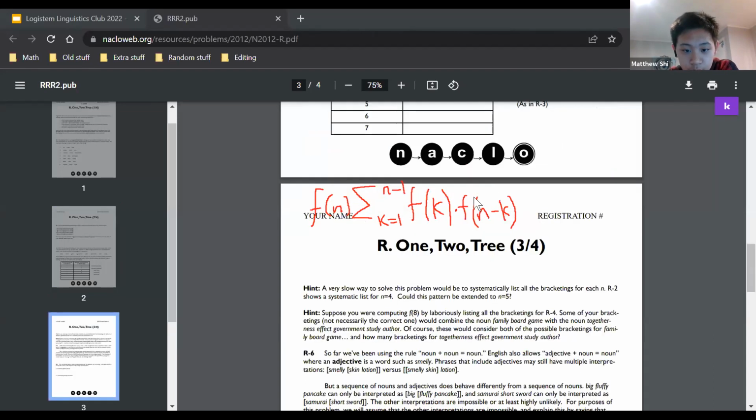Let me scroll down so it's a little easier to see. And this holds true for any n greater than 1, where n is the number of nouns in the sequence. And the resulting sequence is actually the Catalan numbers.